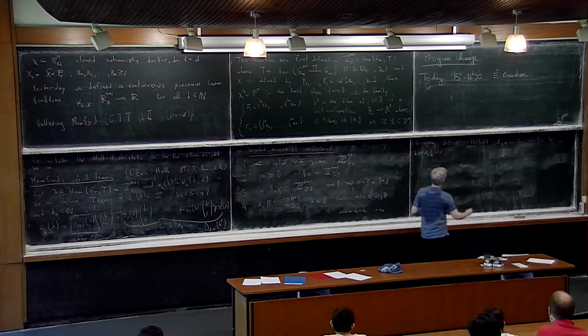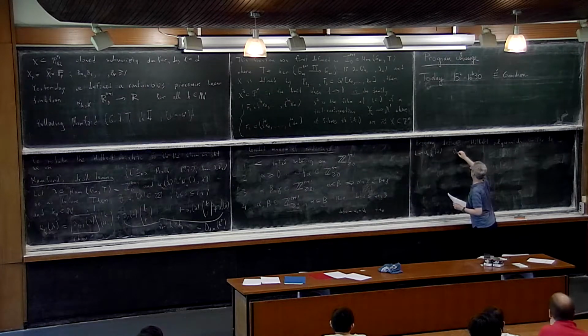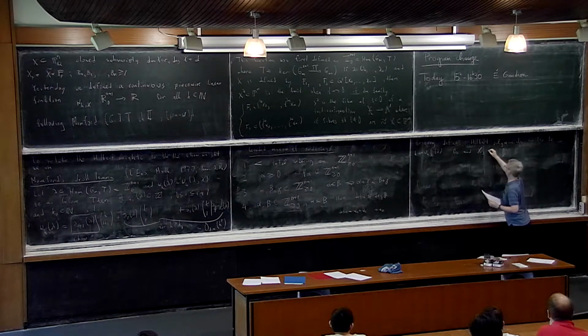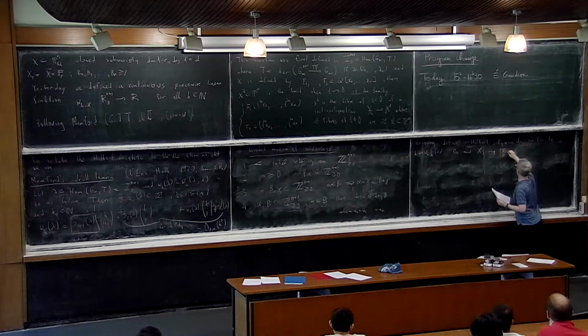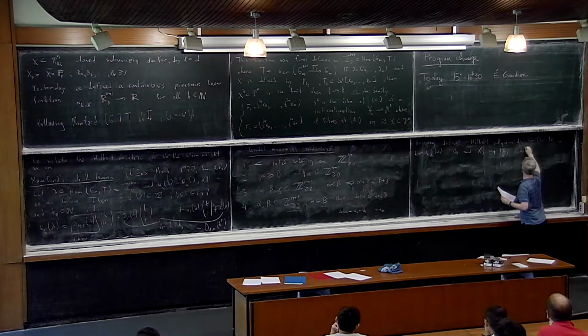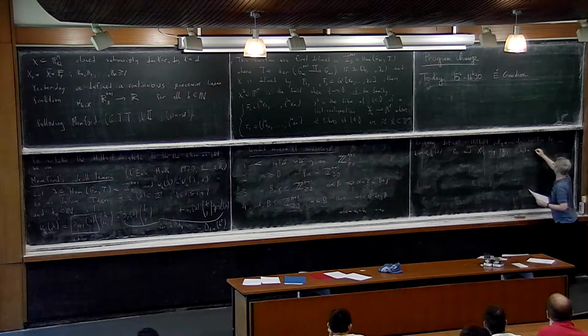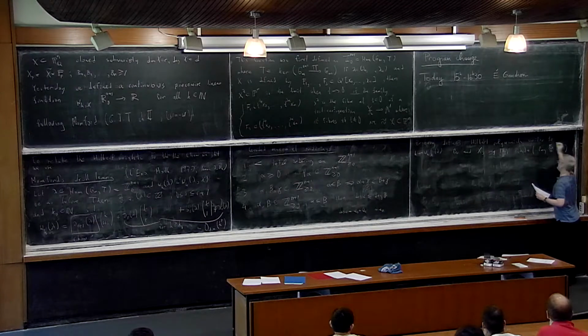For any x and any lambda 0 up to lambda n, but this is then just as before. It's still given by this log of Bi divided by B. So he has the same data.